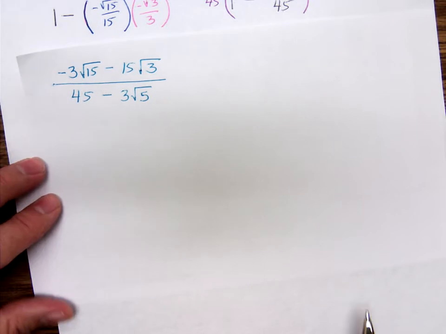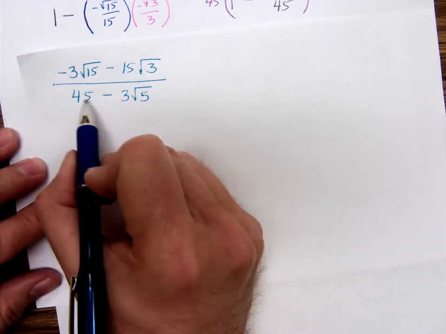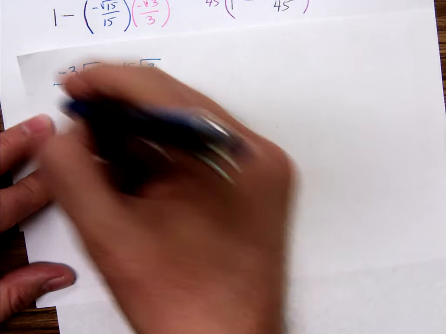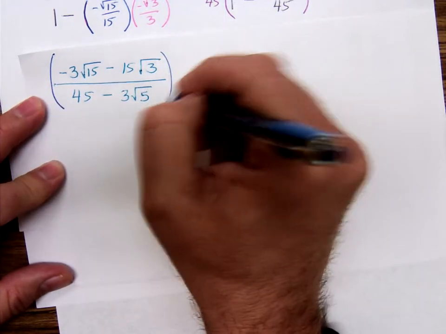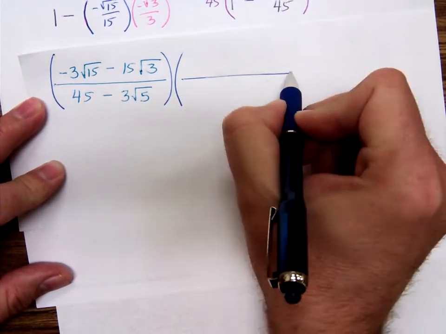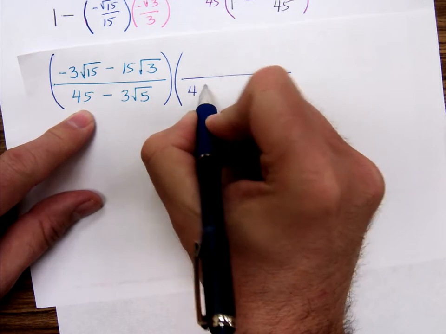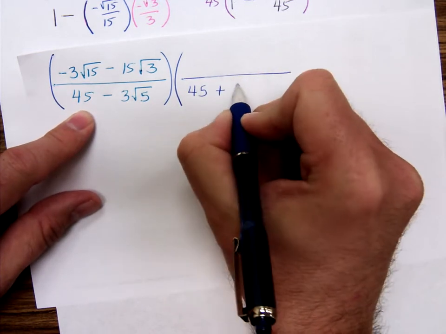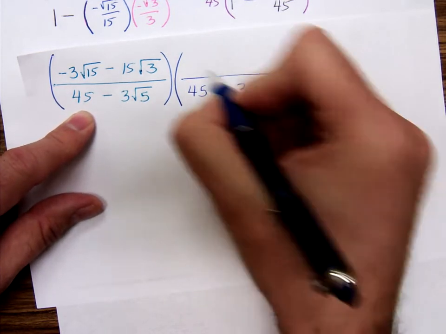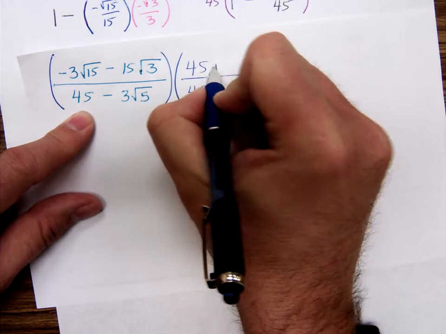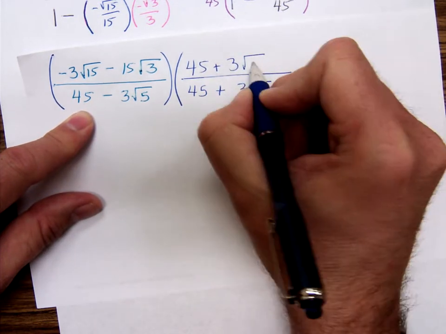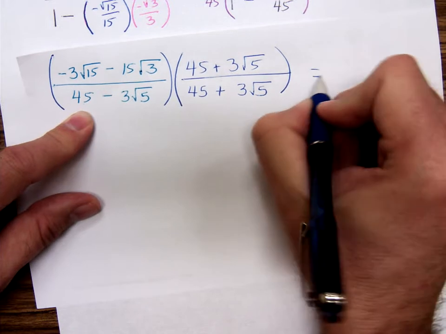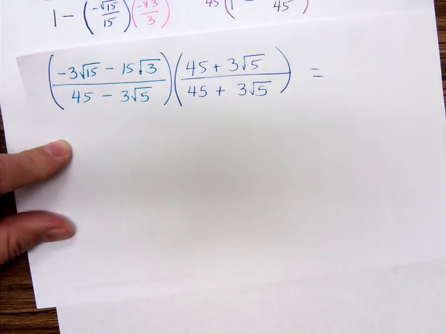To rationalize a denominator when there's 2 terms in the bottom, you multiply above and below by the conjugate of the denominator, 45 plus 3 square root of 5. This is going to be a really big fraction.